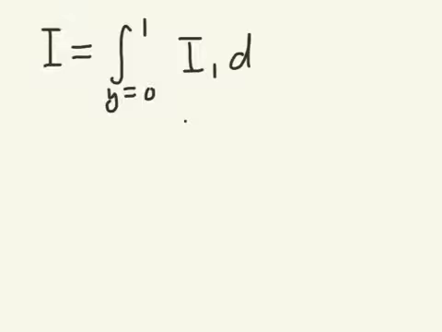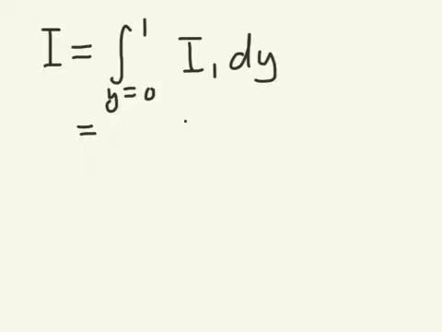Now let's look at putting that back into the outer integral. So we're coming back to our integral I, which is now the integral from y equals 0 to 1 of our integral, which we called I1, dy.